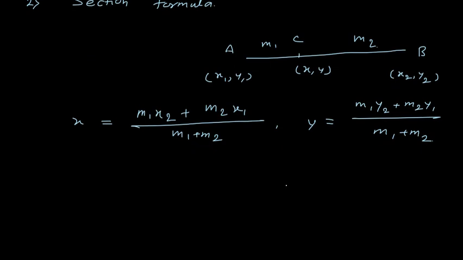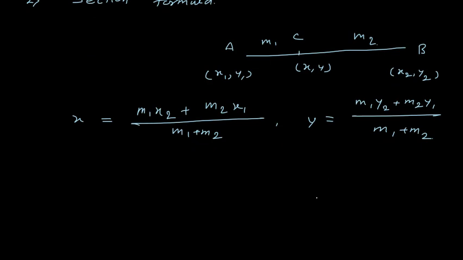Okay, now here in this section formula, if this ratio m1:m2 is unknown, then we can also assume that as k:1. So we can assume that this ratio, say this is point A, B and this is point C, is say k:1.